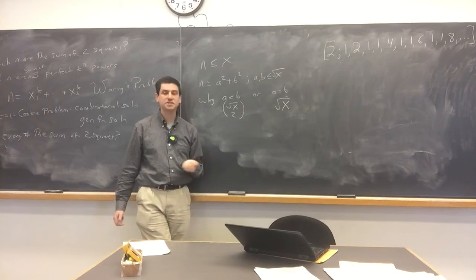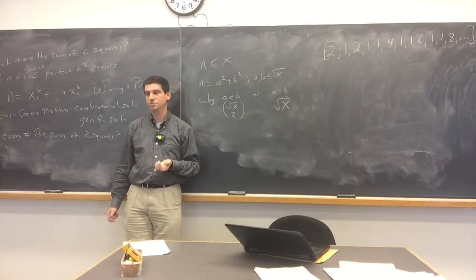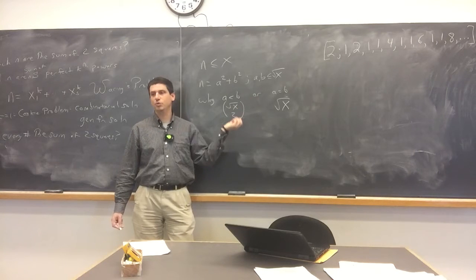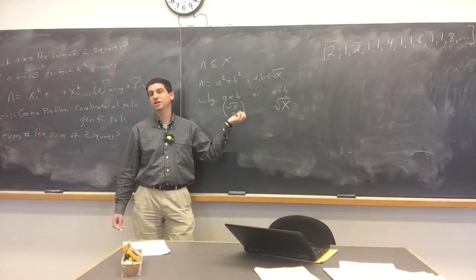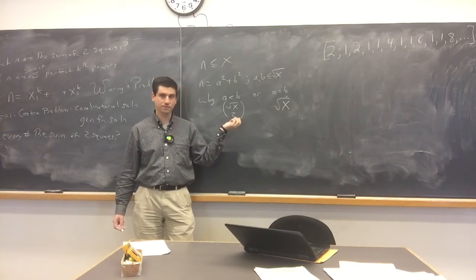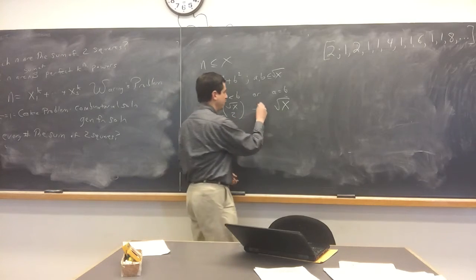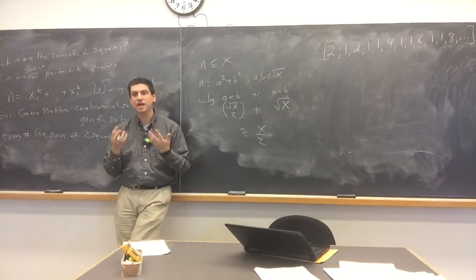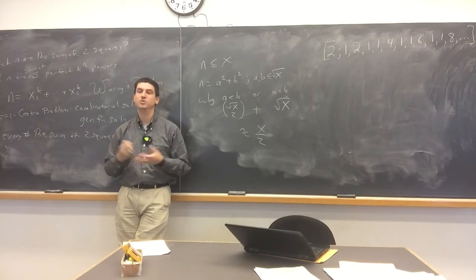And then I have root x numbers where a equals b. Well, root x choose 2 is root x times root x minus 1 over 2 factorial. That's about x over 2. So this whole thing is approximately x over 2. So what this tells you is just by simple counting, you can get at most half the numbers.